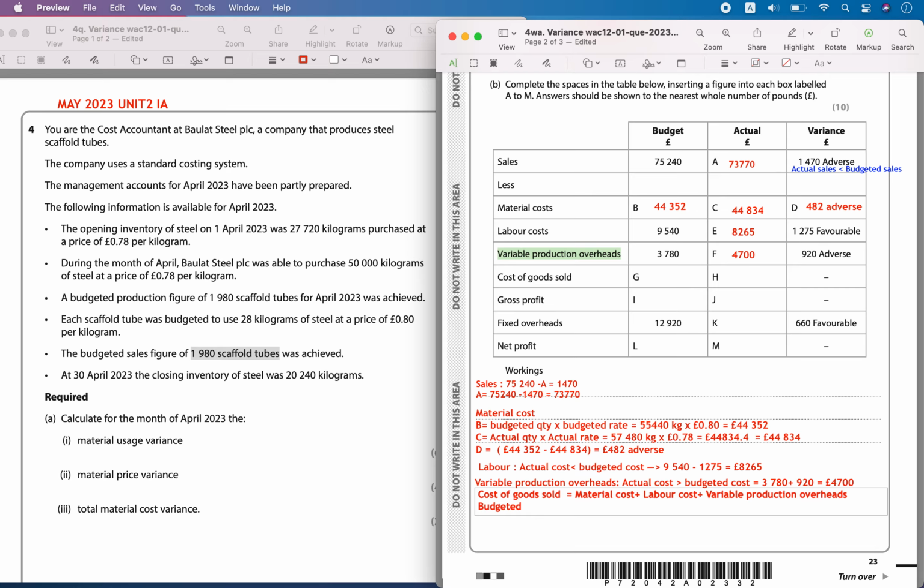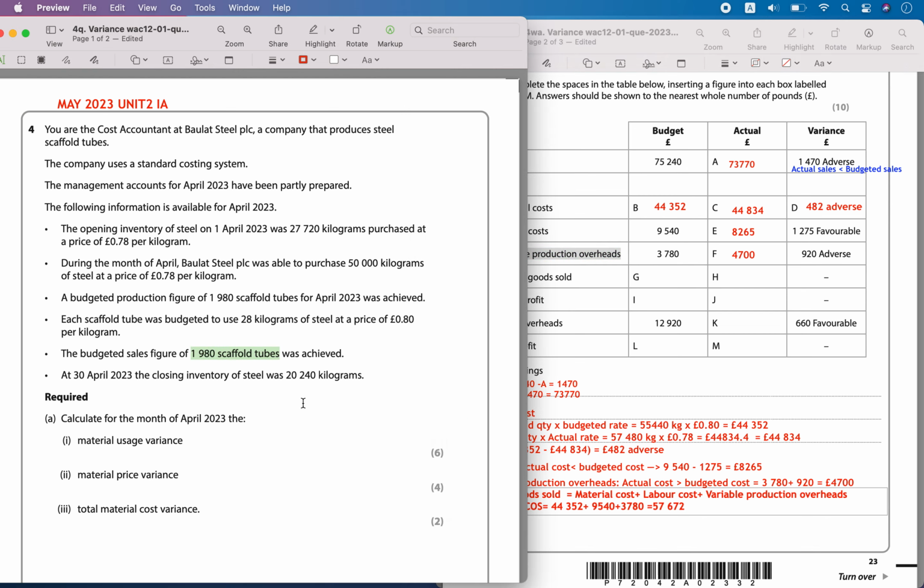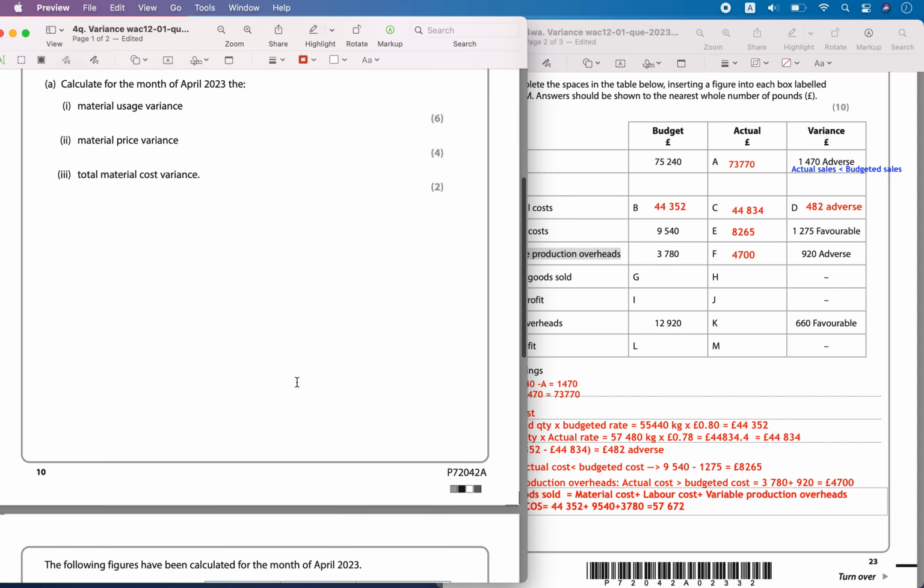So for budgeted, let's calculate COS, that is going to be equal to 44,352 plus 9,540 plus 3,780. So that is going to be equal to 57,672 pounds.